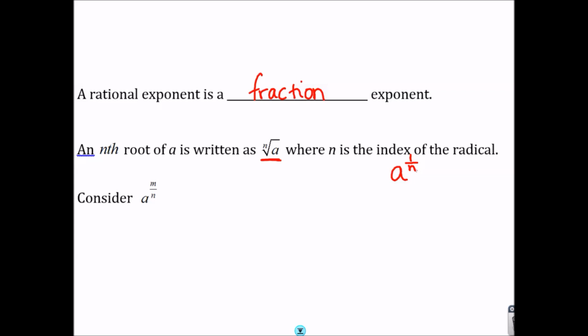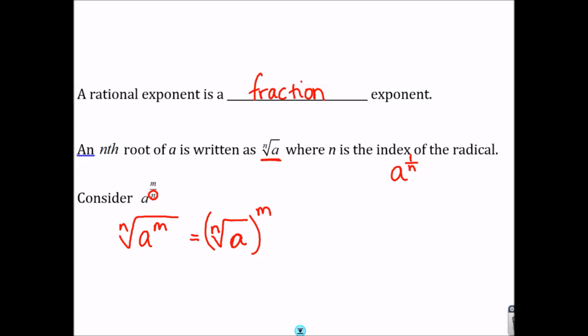Let's look at a to the m over n power. We just said that the index is the denominator. So I know that n will be my index, and a to the m power will be inside the radical. The other way we could write this is the nth root of a, all of that to the m power.